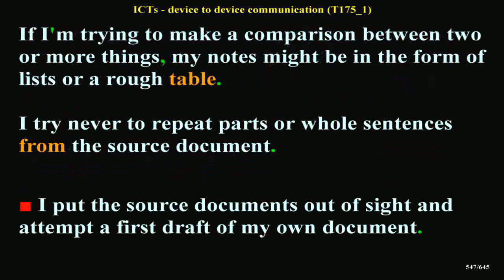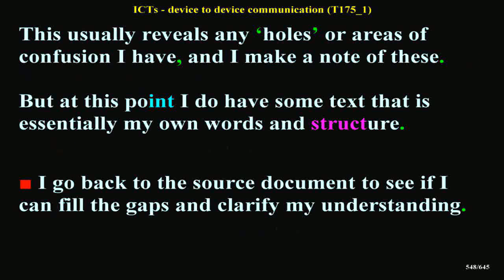I try never to repeat parts or whole sentences from the source document. I put the source documents out of sight and attempt a first draft of my own document. This usually reveals any holes or areas of confusion I have, and I make a note of these. But at this point I do have some text that is essentially my own words and structure.